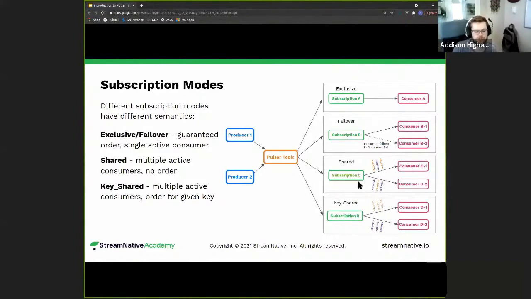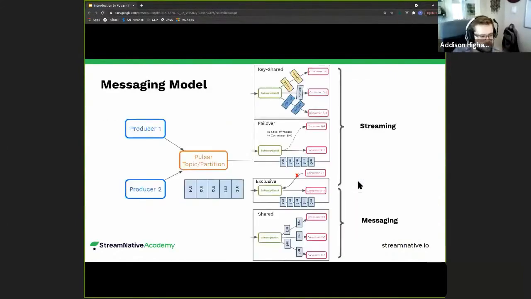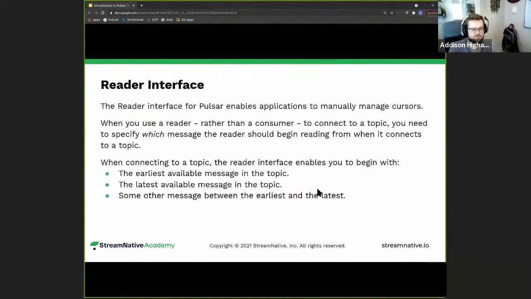If you're coming from a Kafka ecosystem or Kinesis, where you can only have one consumer per partition or shard, with Pulsar you can have multiple consumers and still get order guarantees, but over a given key. Some of these are very useful for streaming use cases: key shared and failover are very heavily used in streaming, versus shared and exclusive, which suit more messaging use cases such as work queues and fan out, like a message bus.